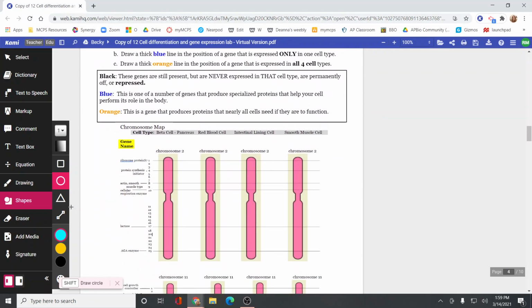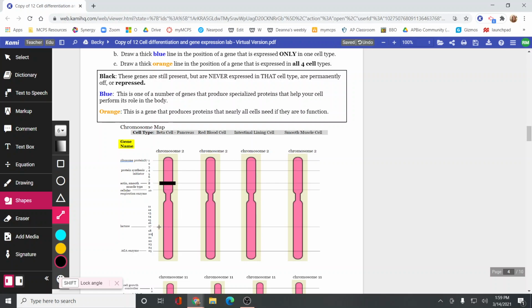So I'm going to go to my shape tool, and I want to do a line in black. And I'm going to go to actin. Can I make this thicker? Oh, up here. I'm going to change this thickness to maybe 6. So to actin, I'm going to put a black line right there because that's off in this one.